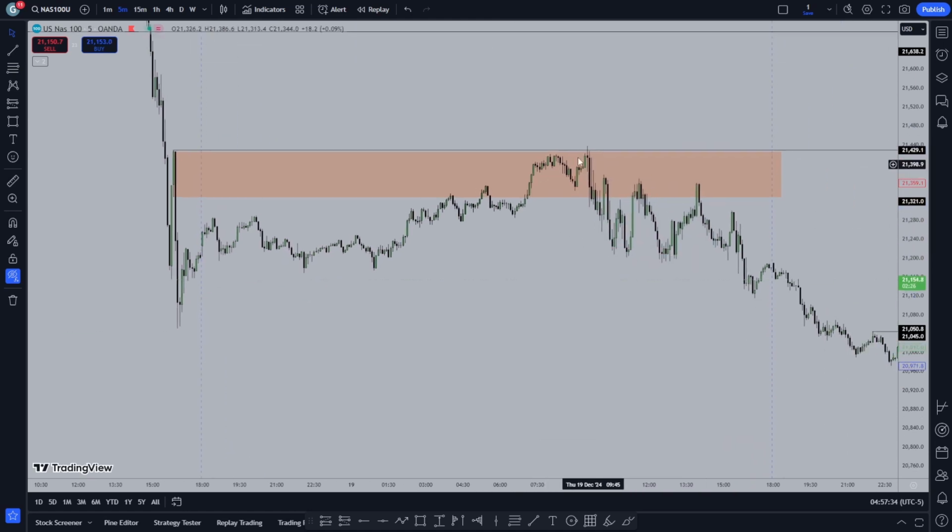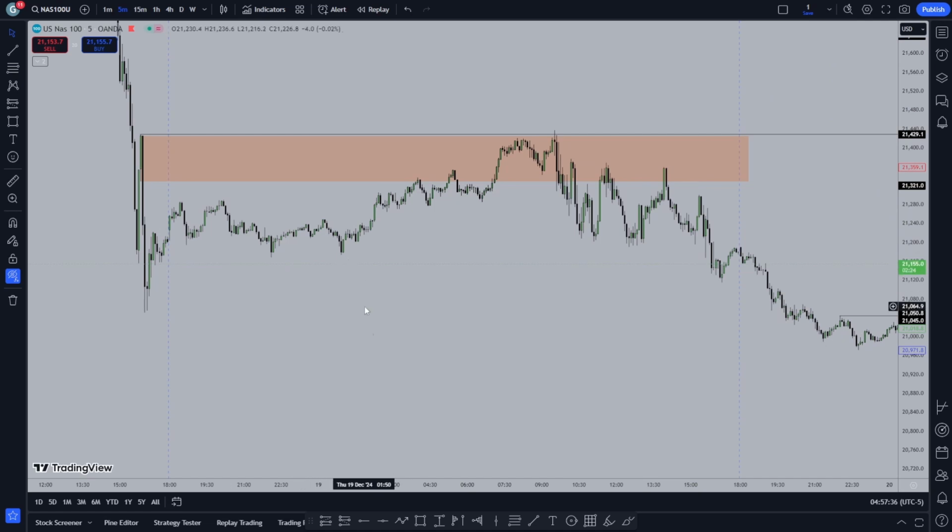Now see over here, what happens? Market goes, what's over here? These are, this is a demand zone. You can see that the market gave a little bit of reaction from it, went up, and then it started to fall down.